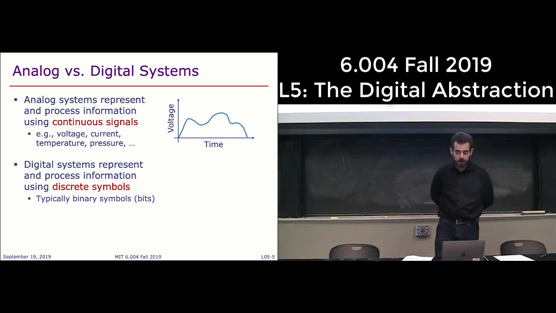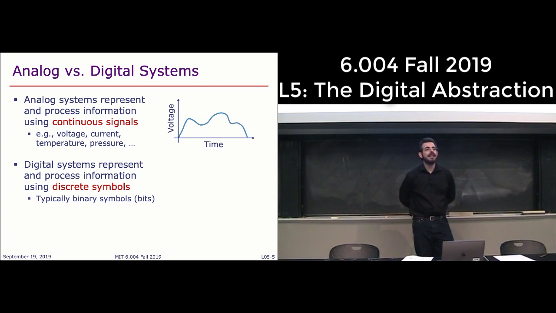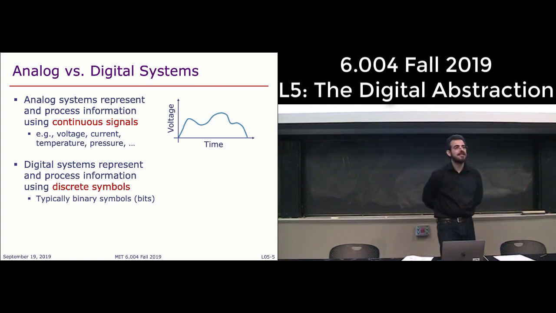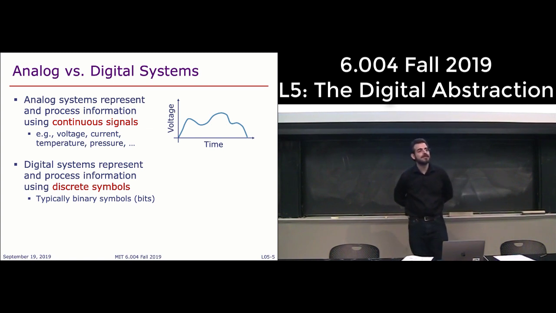And the key insight here is that we want to design these digital devices, but in the end, the world is analog, and so we need to encode these discrete symbols into a continuous signal in the end, right?